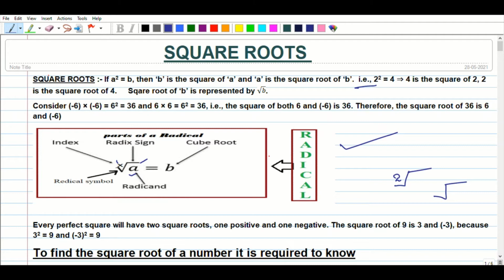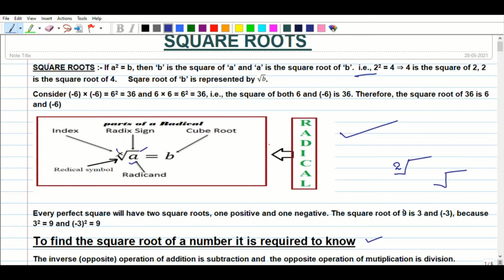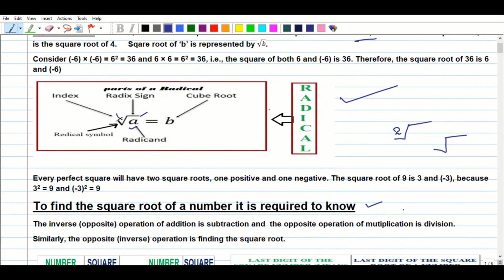To find the square root of a number, it is required to know some things. First, you know very well that the inverse, meaning the opposite operation, of addition is subtraction, and the opposite operation of multiplication is division. Similarly, the opposite operation of squaring is finding the square root.